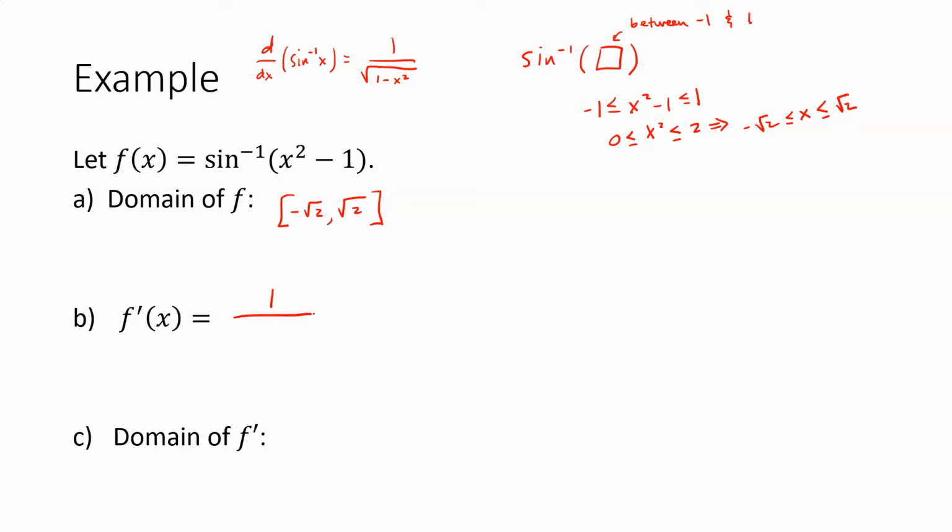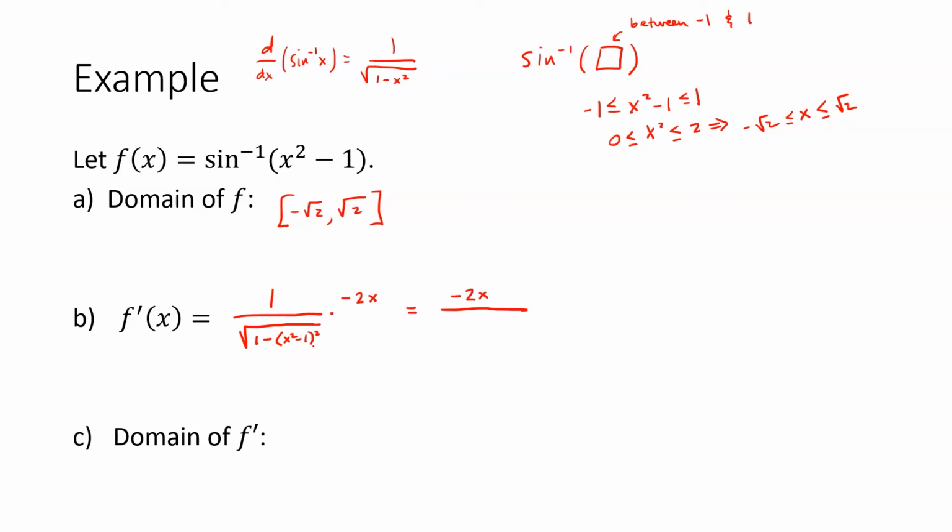So it'll be 1 over the square root of 1 minus x squared minus 1 squared. And then we're going to multiply, because of chain rule, by the derivative of x squared minus 1. So we're going to multiply by 2x, and so this will become 2x.